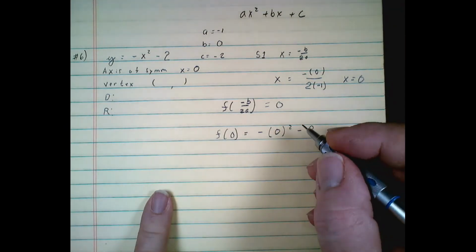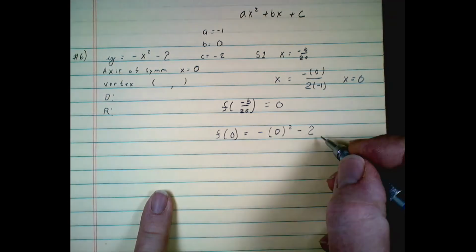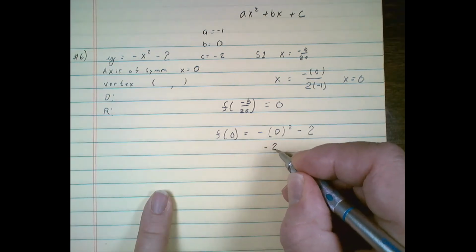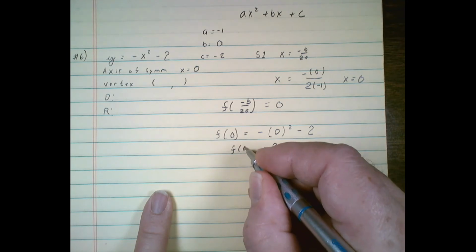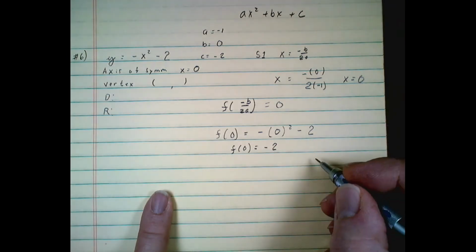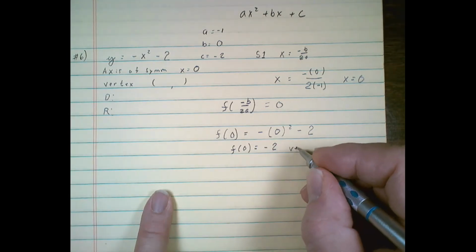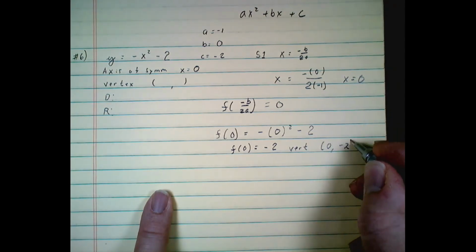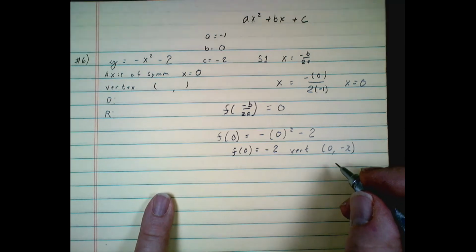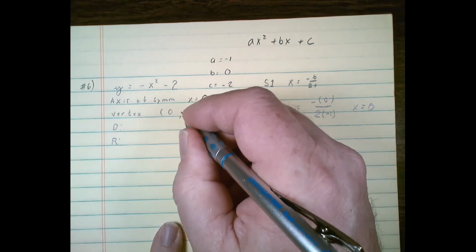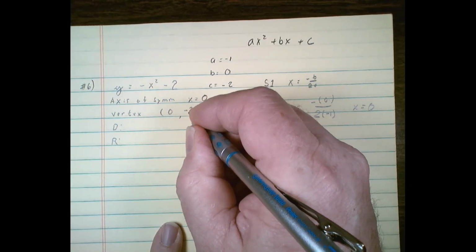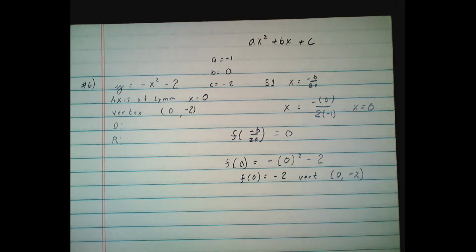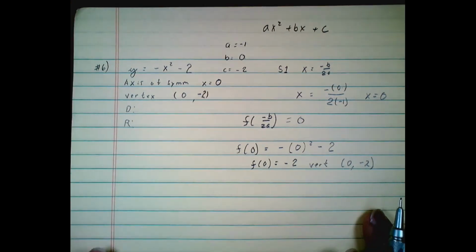Now 0 squared, of course, is 0. It doesn't matter, so it's not going to be negative 0. 0 is neutral, like the Swiss during World War II. So put a 0 here. So that means I have a vertex at 0, comma, negative 2. So let's fill it in. 0, comma, negative 2.